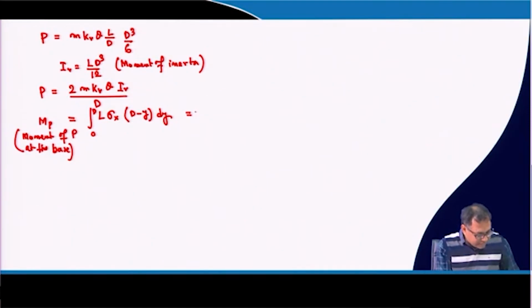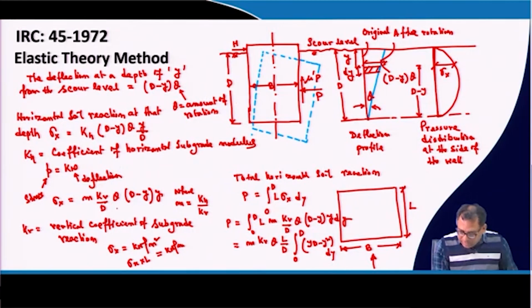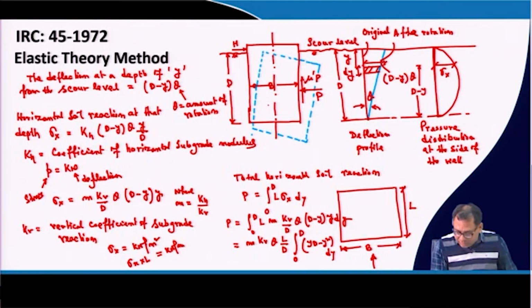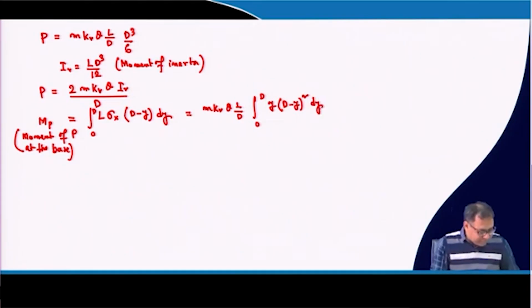So, this is m k v theta, then L by d, because we have multiplied by L divided by d, then integral from 0 to d along the depth, then there is a y term, and then d minus y to the power square, and dy.